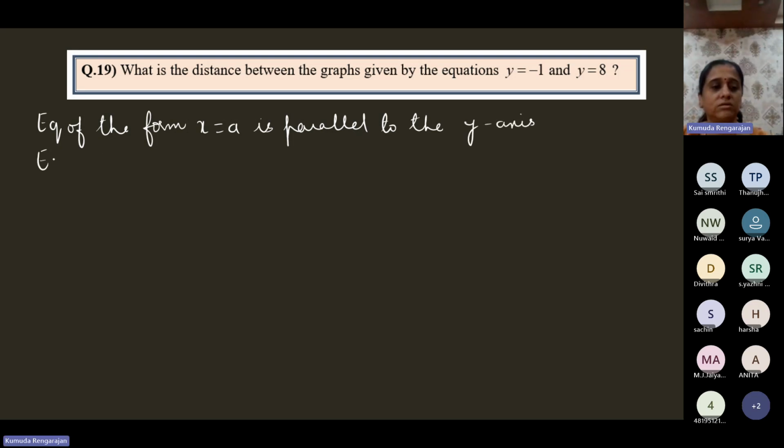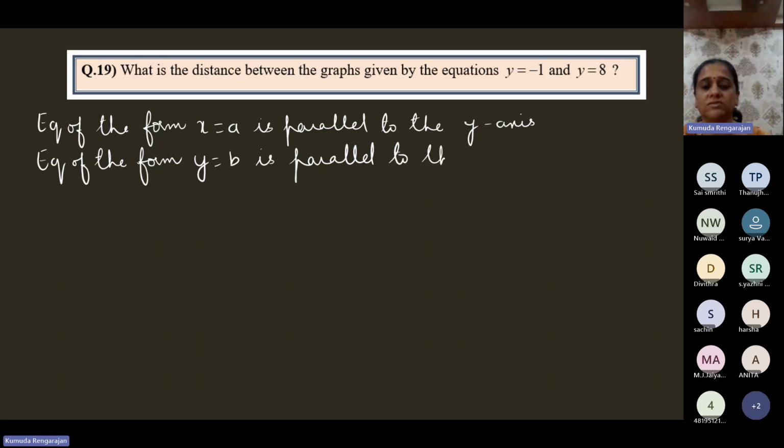An equation of the form y is equal to b, where a and b are constants, any number, is parallel to the x-axis.